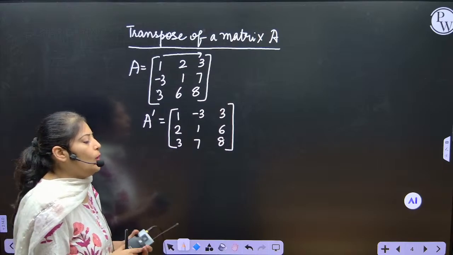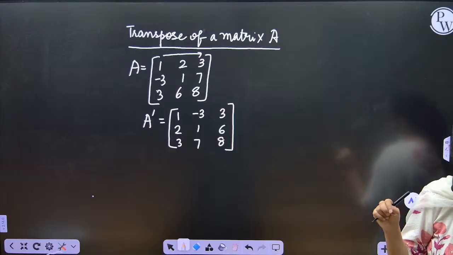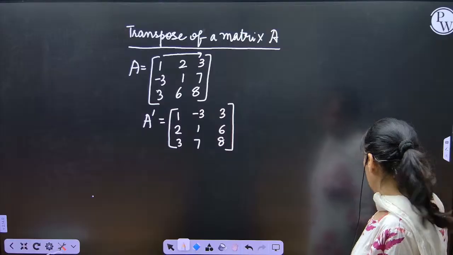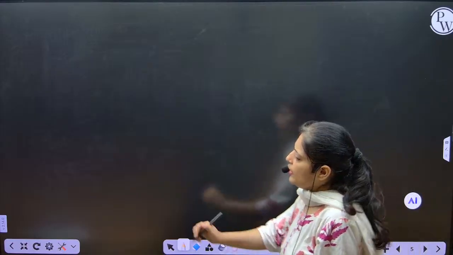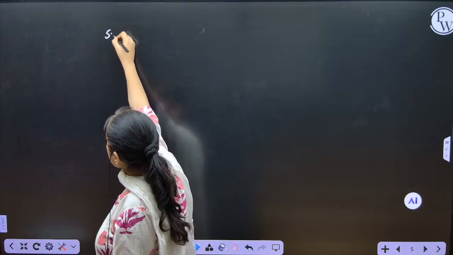First look at this quickly, then I'll proceed to skew symmetric and symmetric matrix. Now I am doing two other types of matrices. First is the symmetric matrix.